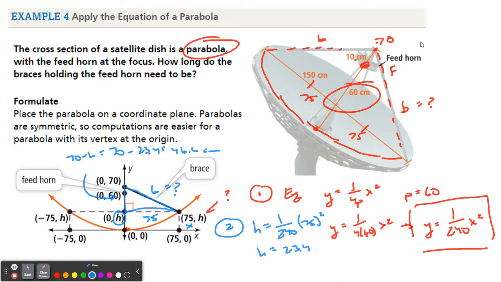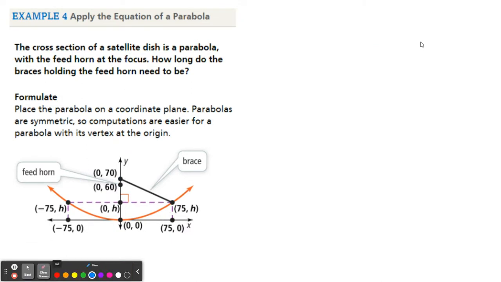Okay, so now I'm going to clear this and draw the right triangle that we need to use right here. So right now we know that this distance is 75. We found this distance to be 46.6, and we're looking for that distance. So we can use the Pythagorean theorem. So this is step 3. A squared plus B squared equals C squared.